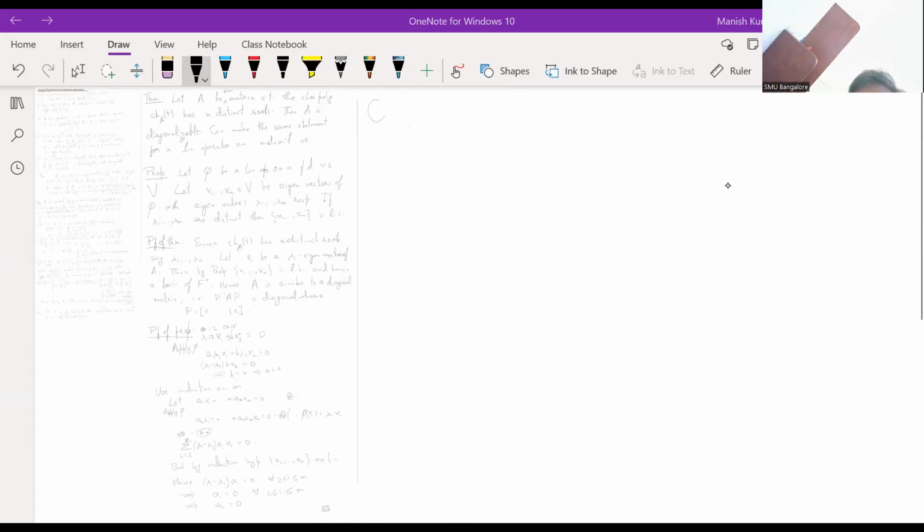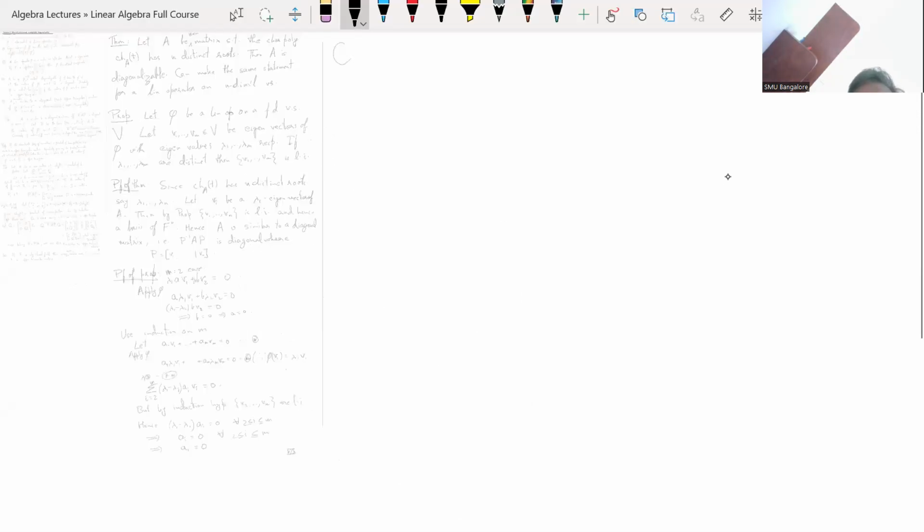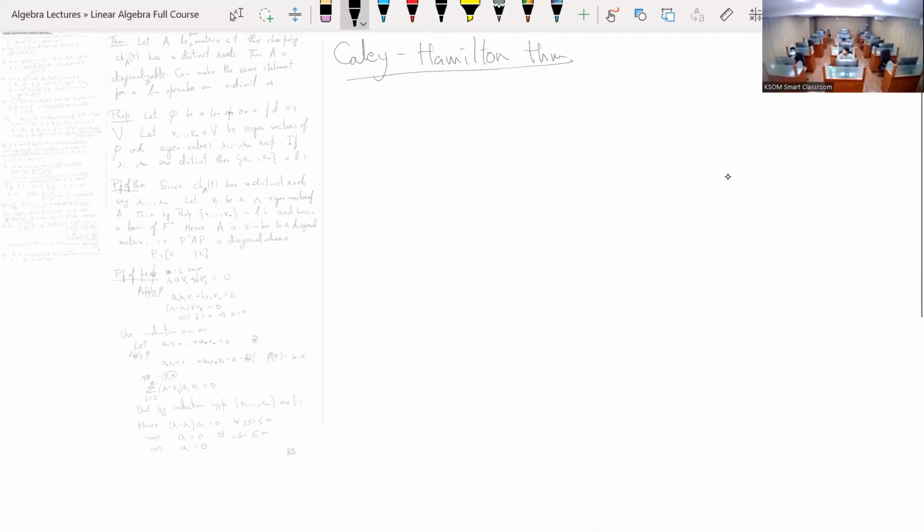Okay, so now let's try to give a proof of the Cayley-Hamilton theorem. First I'll state what this is. What is the version you know? The matrix satisfies its characteristic polynomial.